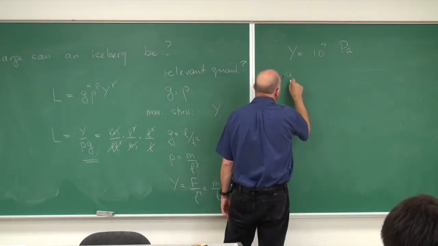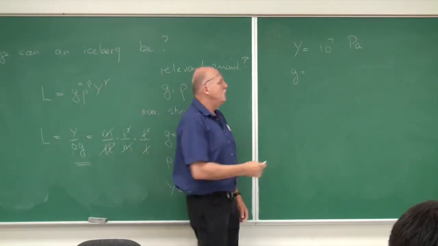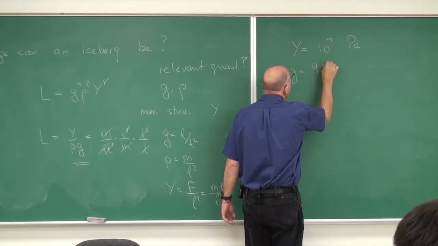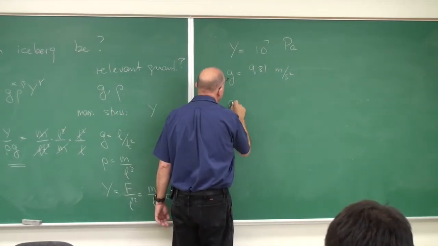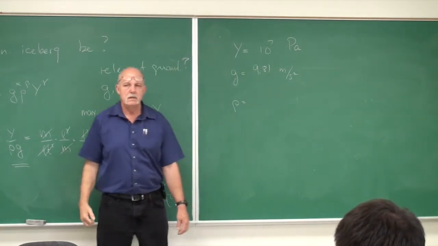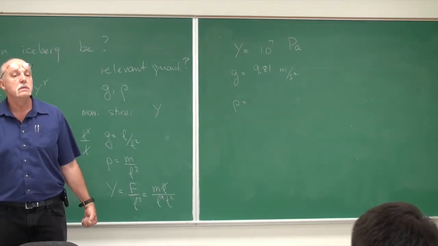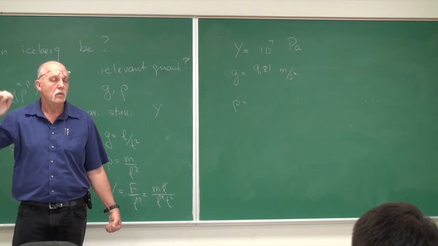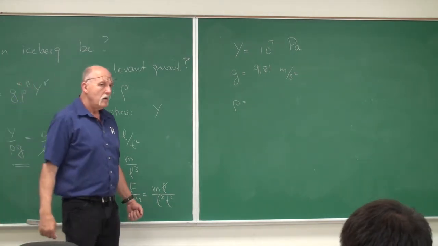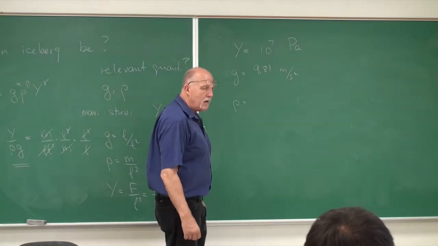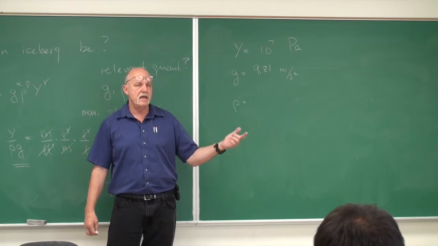Okay, G, what's G? Actually, I don't mind using it as 10. And what's the density of ice? 900 kilograms per meter cubed. It's less than water, right? Water is 10 to the third.